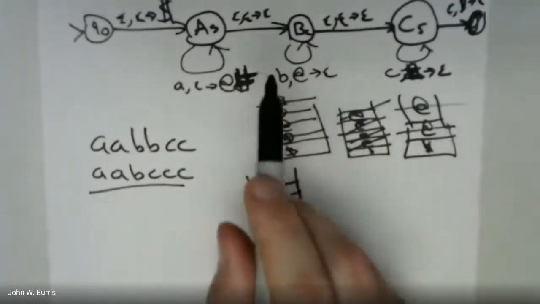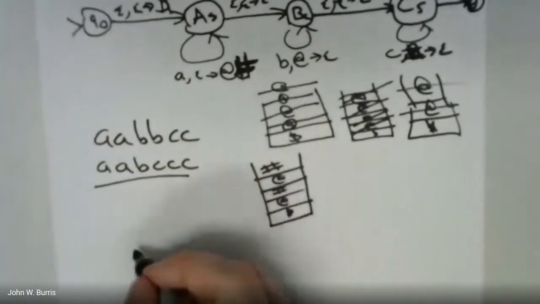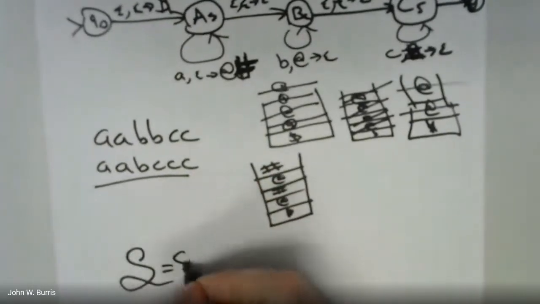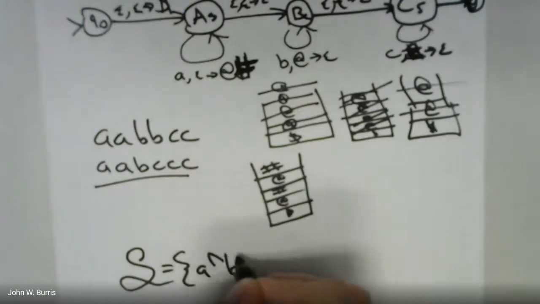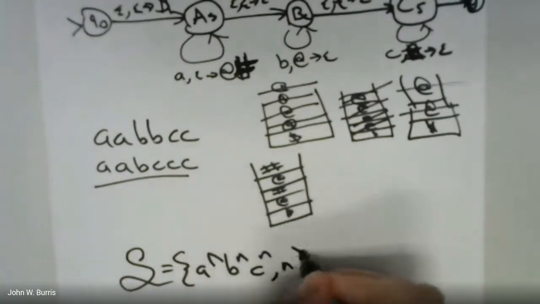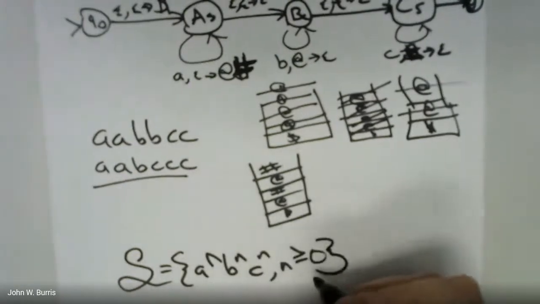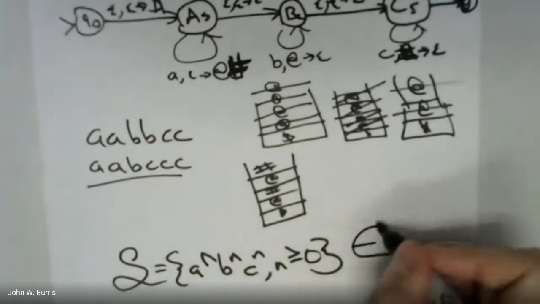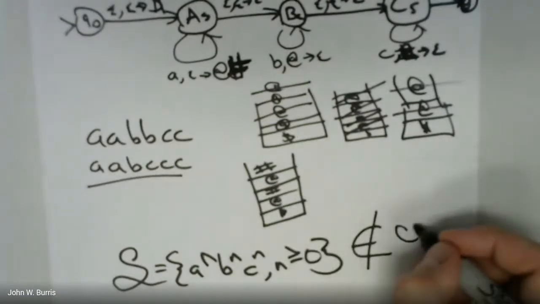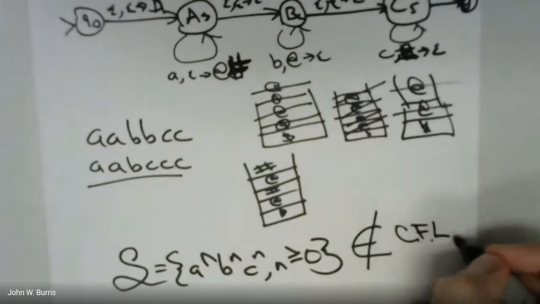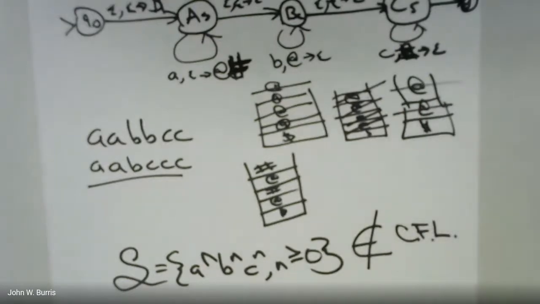I can't solve this. In fact, L, that is A to the N, B to the N, C to the N for N greater than or equal to 0, is not a member of the context-free languages. It is not. How are we going to prove this?